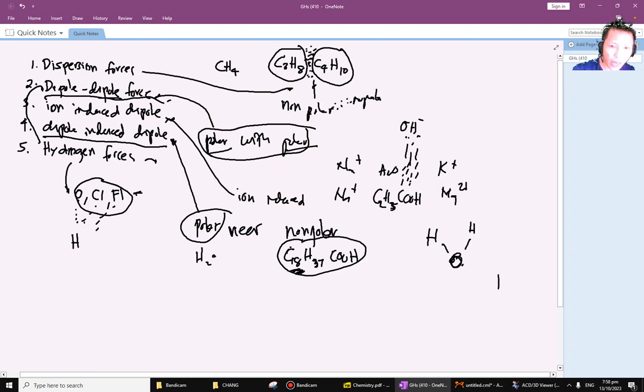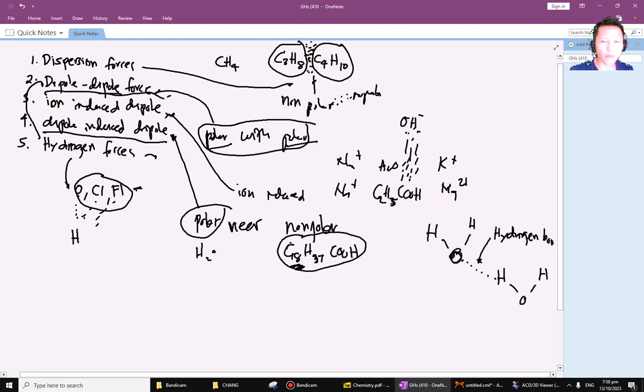Oxygen, so near a hydrogen, oxygen, hydrogen, there's a special bond between them. This is also dipole-dipole, but it is generally stronger than the usual dipole-dipole forces. That's why it is already on another level. So we call this force a hydrogen force, a hydrogen bond, sorry. A hydrogen bond.